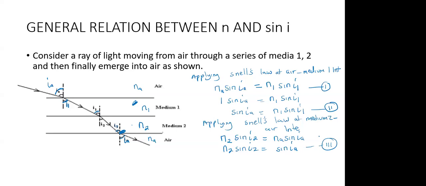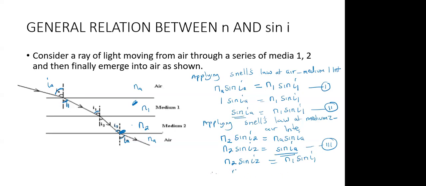When you look at our equations, you are noticing that sine IA is the same as N1 sine I1, and we have it here. So I'm going to just come and say N2 sine I2 is equal to N1 sine of I1. I've substituted: sine IA here is the same as sine IA here, so it will be equal to this.